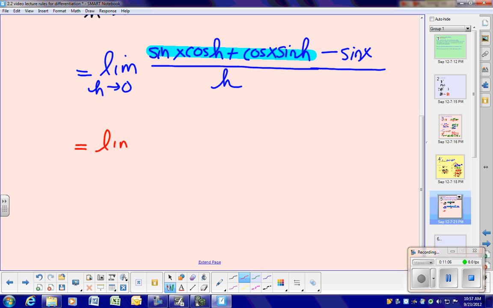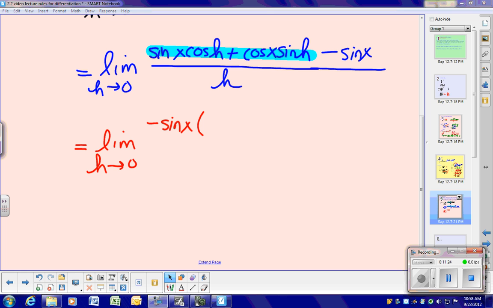So what we're going to do is we're going to factor out, let me think. I think it works best if I factor out negative sine. Pretty sure that's right. Okay, so I want to take negative sine out, but the terms I'm going to take it from are actually this term and this term here, okay?